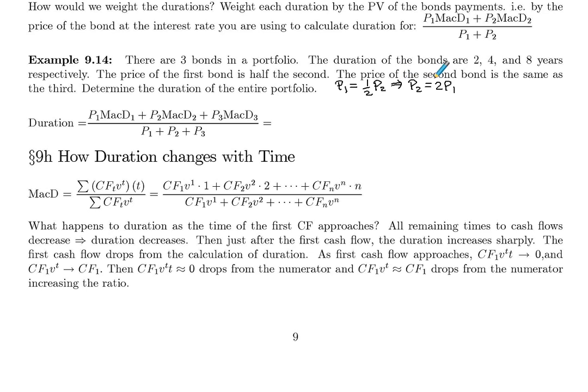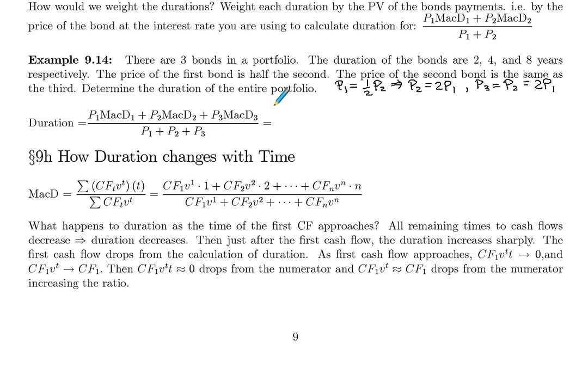And then we know that the price of the second bond is the same as the third bond. So we also know that the price of the third bond is the same as the price of the second, which is going to be twice the price of the first bond. So now we've got some relative prices in here.